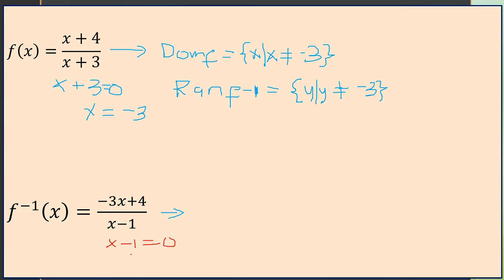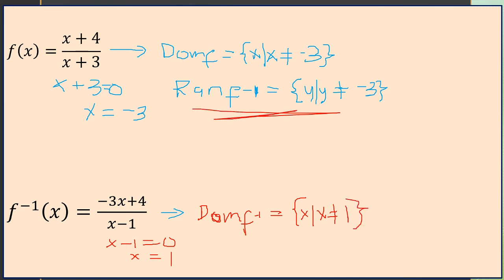And then, the result of that is x equals to positive 1. So, meaning to say, the domain of our inverse is equal to x such that x is not equal to positive 1. Ganyan lang po kadali. So, we have the range of our inverse and we have the domain of our inverse.